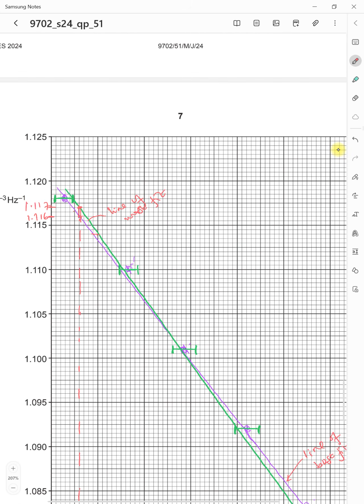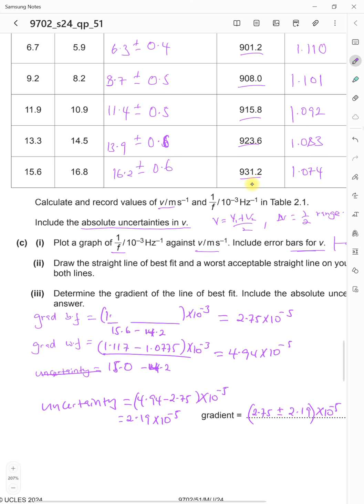Then I also have the values here. So this is supposed to be 1.0775 minus 1.116. This is 1.0775 minus 1.117. Yeah, these are supposed to be negative values because the line is having a negative gradient.